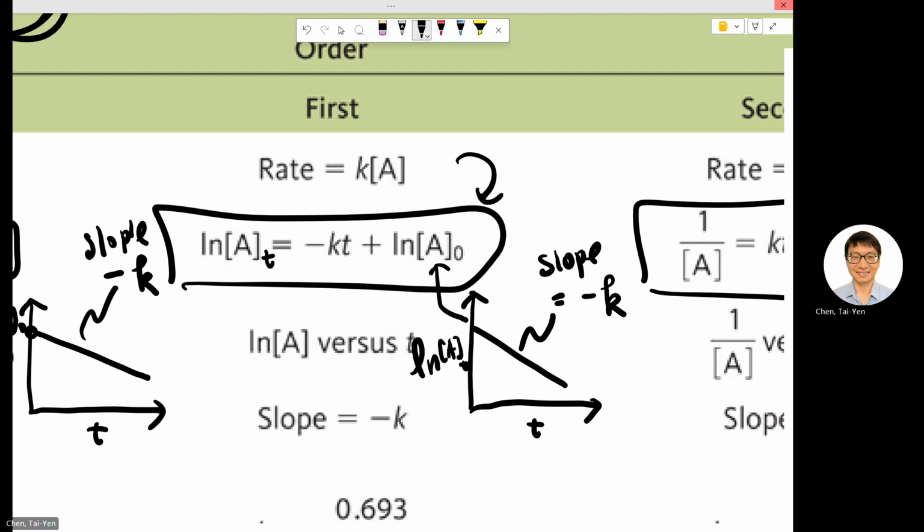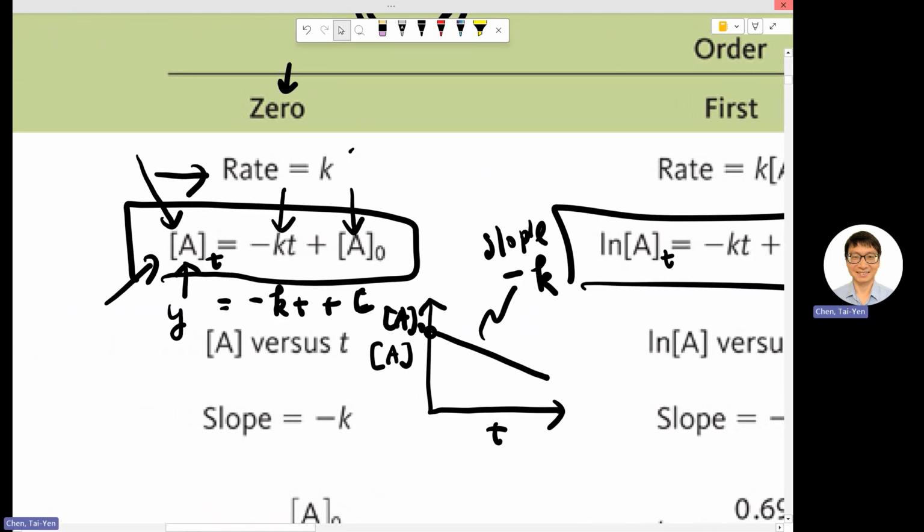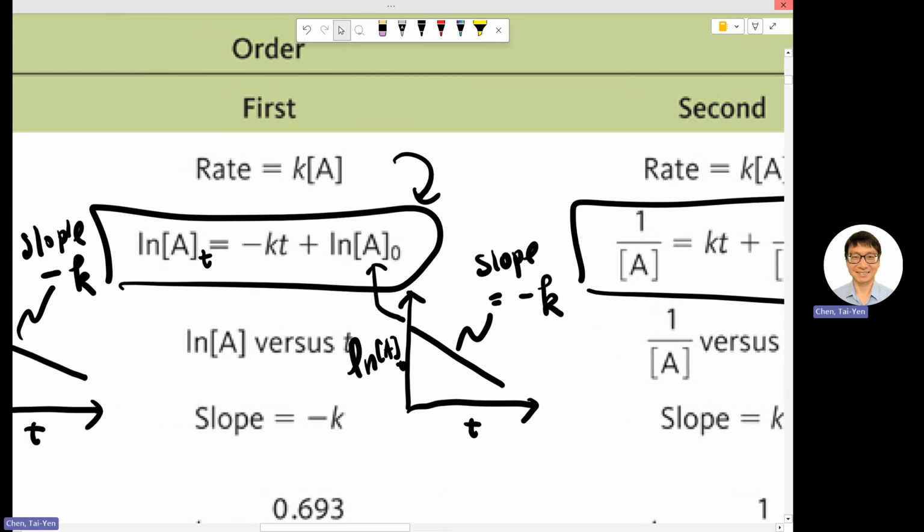One thing that first order differs from the zeroth order is that right now you're plotting your y in different units, right? For the zeroth order, what do you plot out? At, right? If you plot out your A versus time, you get a straight line, zeroth order. For the first order, if you just plot A versus t, it is not going to give you a linear behavior.